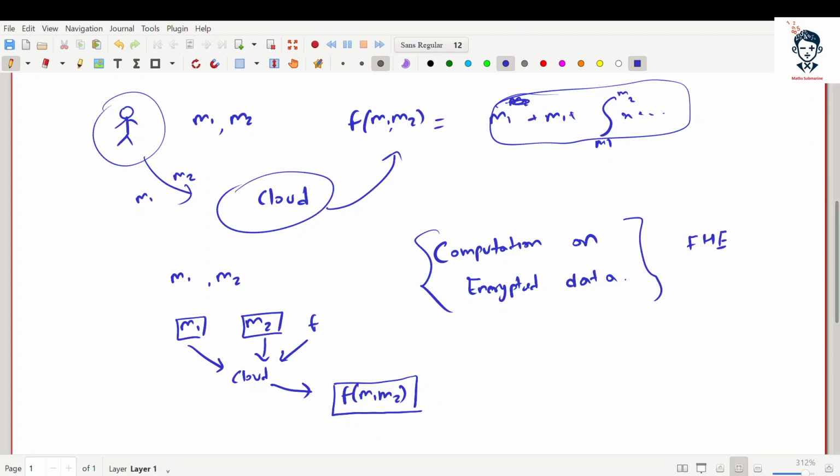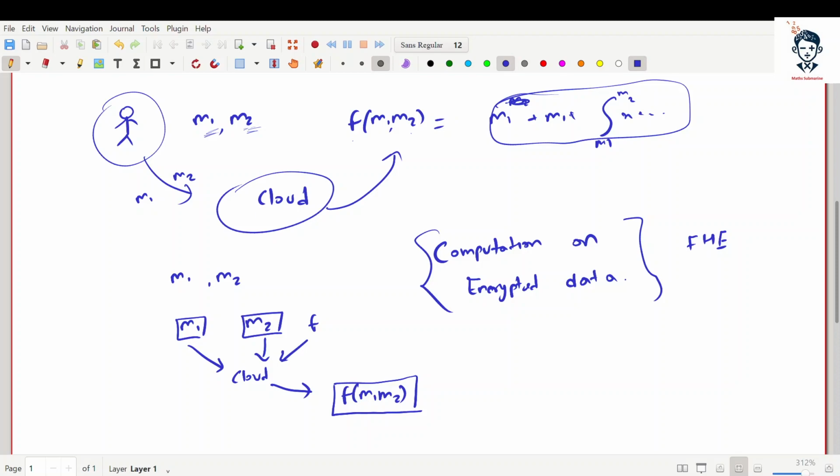Now we will come to why it is called fully homomorphic, and what the meaning of homomorphic encryption is, later on in the second class. So basically, what is fully homomorphic encryption? Suppose there is a person who has some messages. He wants to compute something on those messages, which I am calling function f of, say, two messages M1, M2. But you don't want to give the plain message, because privacy is more important. He cannot directly give the data to the cloud.